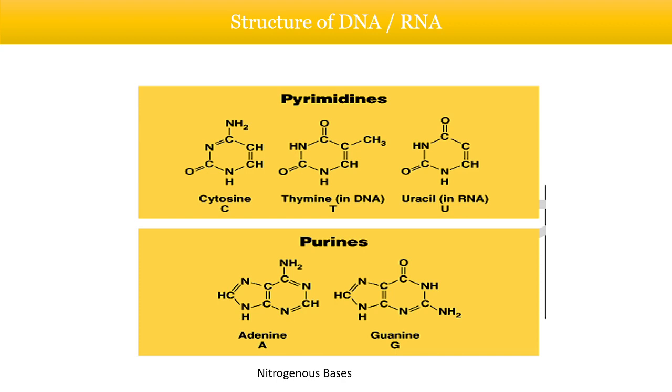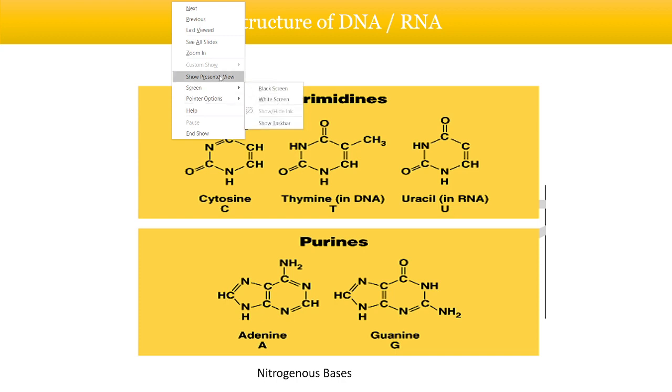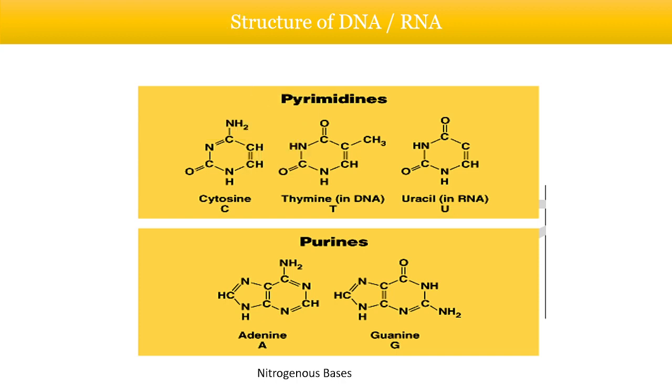You may be given a structure, say of thymine, along with four options, and asked which nitrogenous base it is, so you have to remember these structures. Or you may be asked for the structure of cytosine or adenine, and given four different structures. So there can be questions like this regarding the structures of these nitrogenous bases.